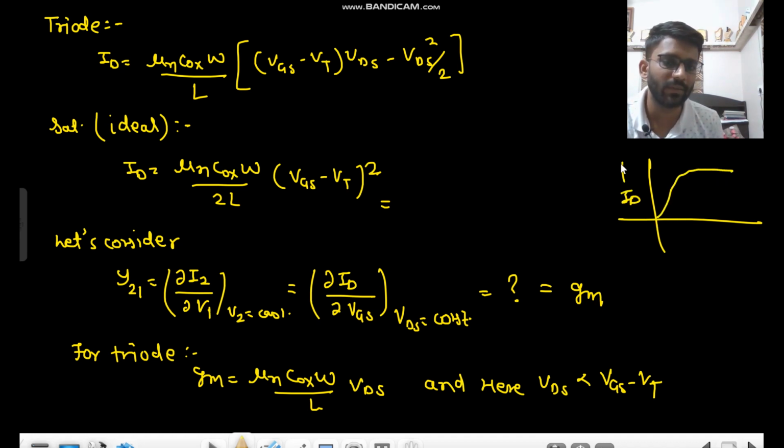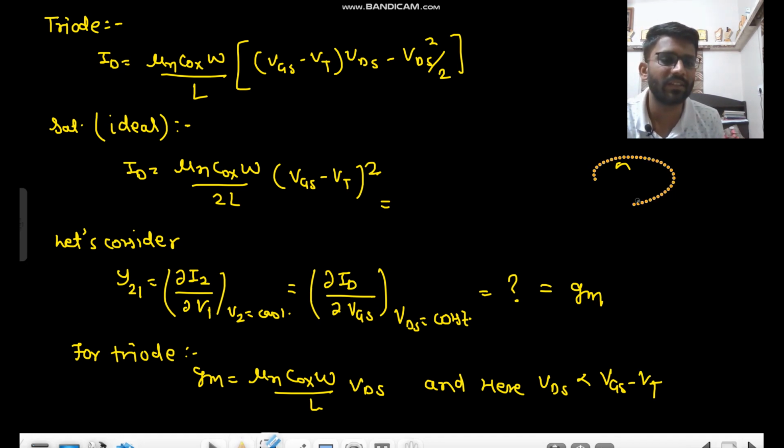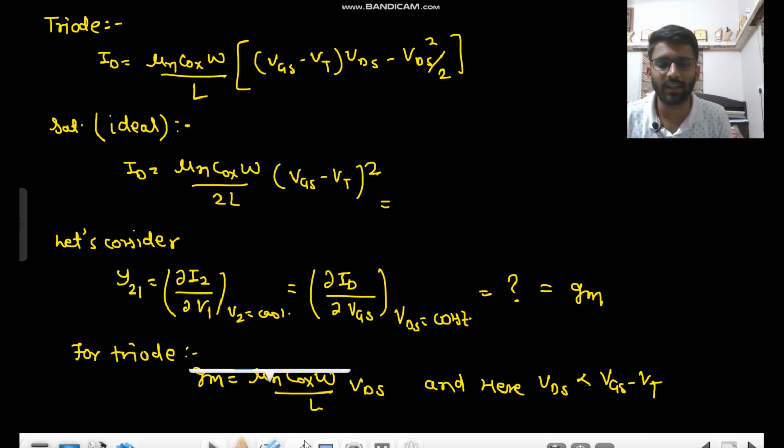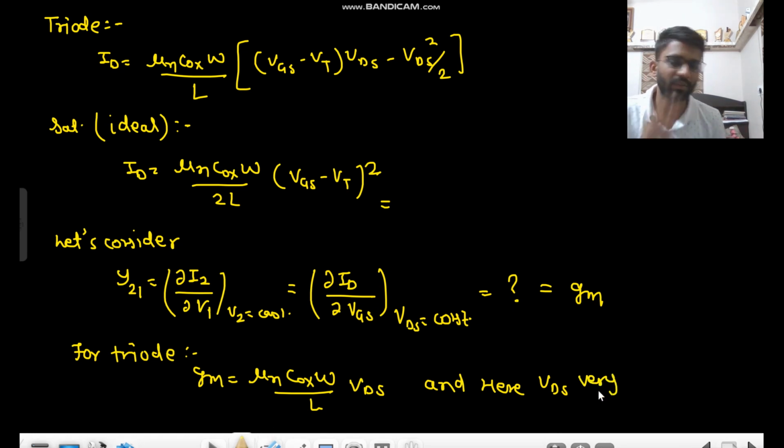This is ID versus VDS we were plotting, or ID versus VGS we can also plot. So you know that in triode region, in deep triode region, VDS is a very small value. We can write VDS is very small, right? Because if VDS is at this side, then only you will have triode region, right?